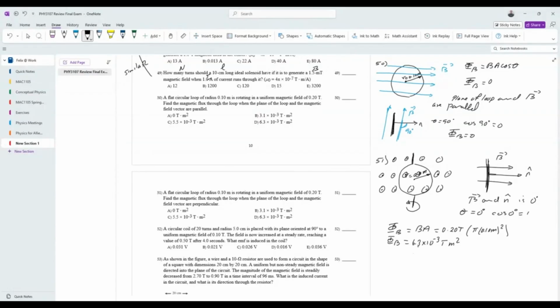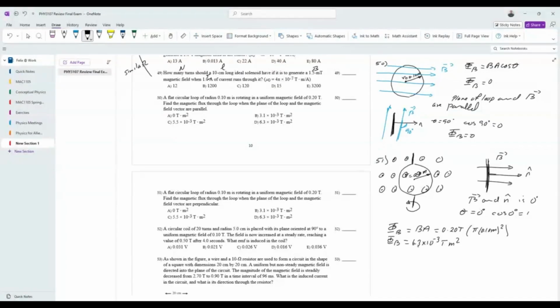So always remember this when you're calculating magnetic flux: if the plane of the loop and the magnetic field lines are parallel, the magnetic flux is 0.